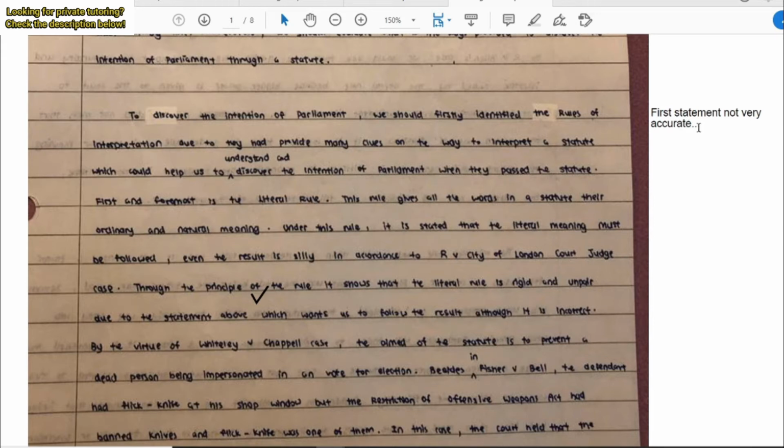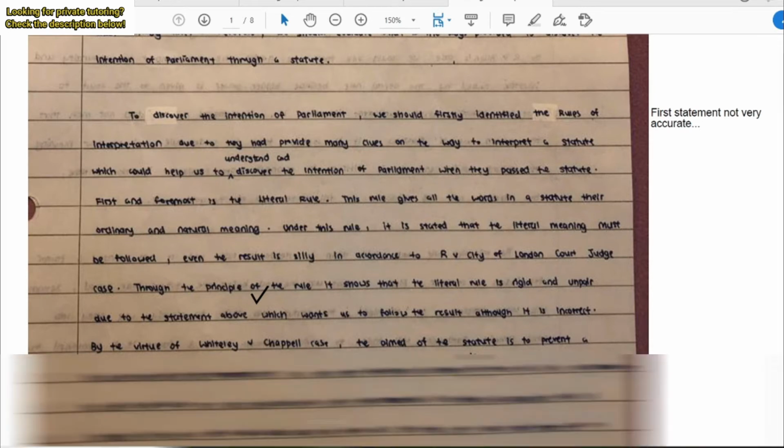This part here, I say it's not very accurate, but it's actually completely wrong already. Because, like I say, the whole thing about intention of Parliament is actually only in the purposive approach.